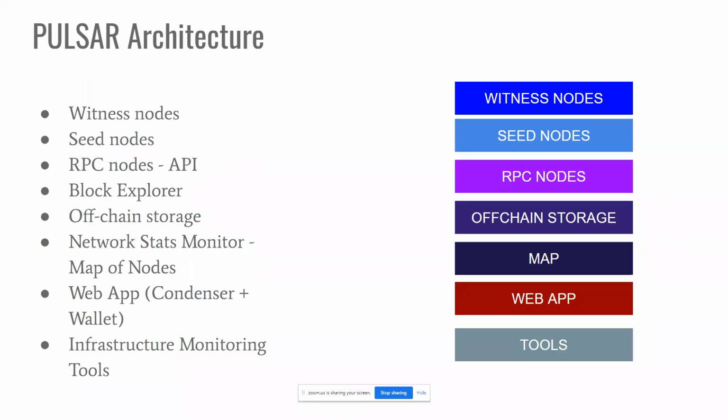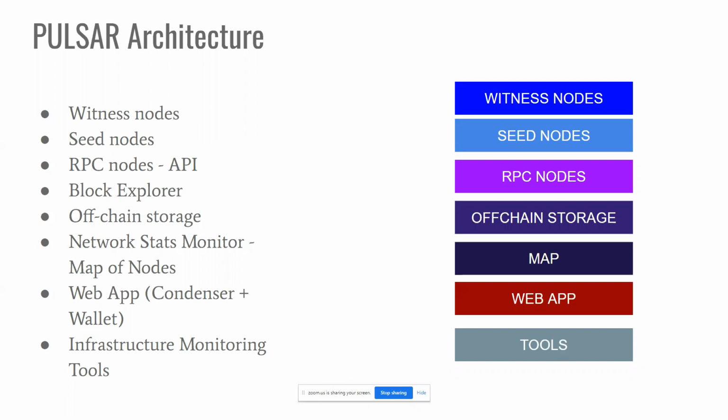Outside of these three categories of nodes, we may have, though it's not mandatory, a block explorer. Like in any other blockchain, it's a server with a web interface, a tool where we can analyze the content of each block created by the witness nodes in the network.